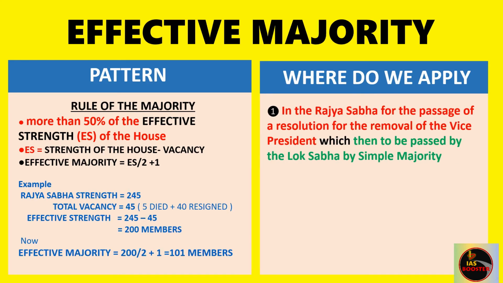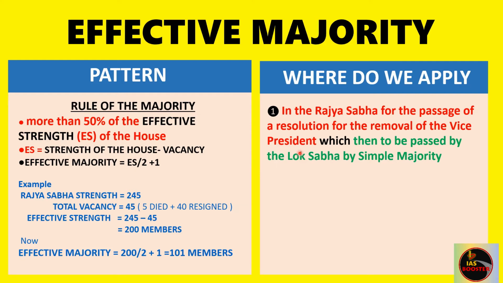Now let's understand why we apply it. Here, very important, please listen closely. Effective majority is used by the Rajya Sabha while passing resolutions for the removal of the Vice President. If you want to remove the Vice President, first a resolution by effective majority must be passed in the Rajya Sabha.